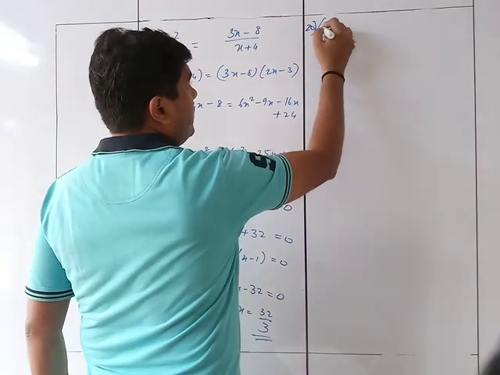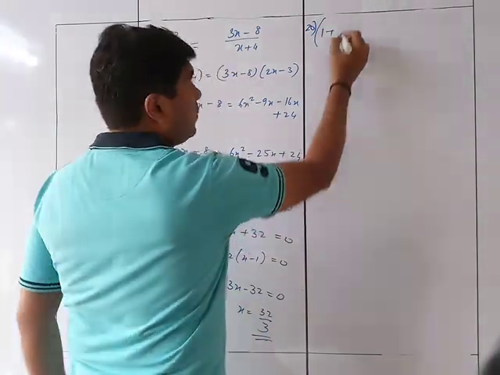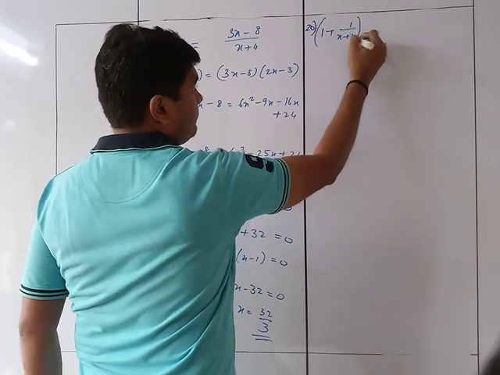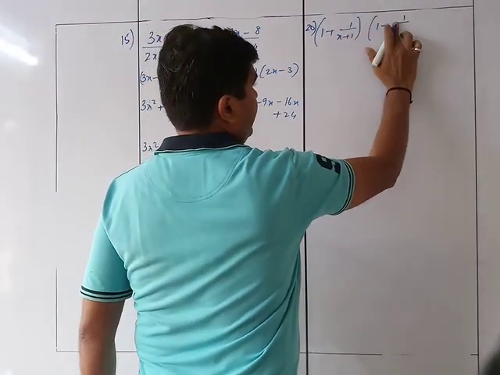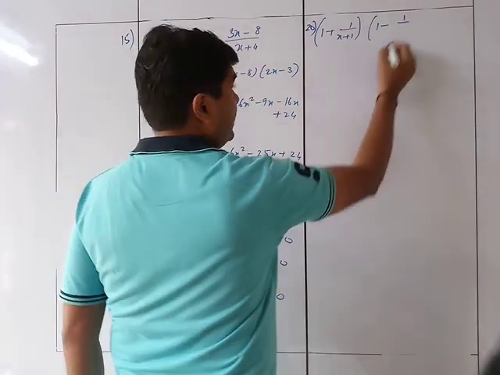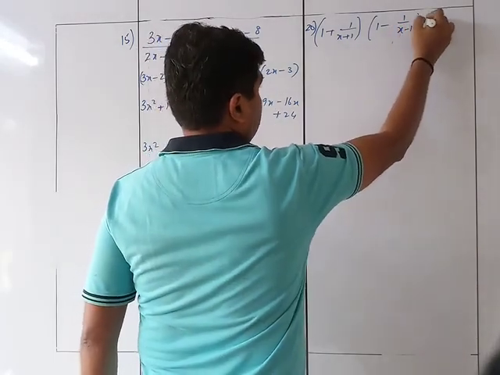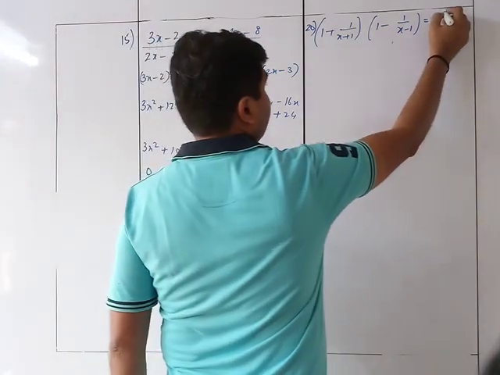It's given as 1 plus 1 upon x plus 1, 1 minus 1 upon x minus 1 is equals to 7 upon 8.